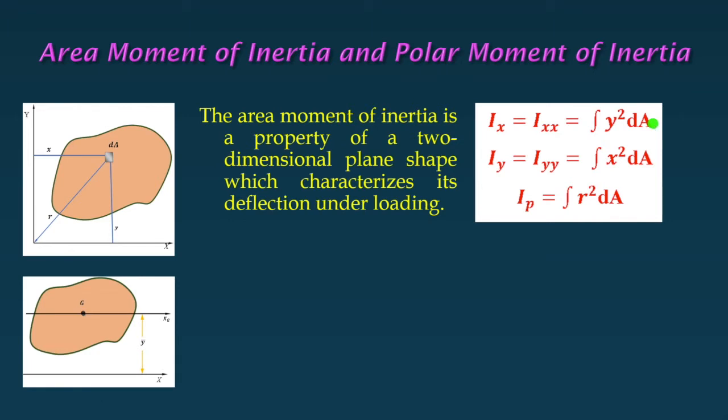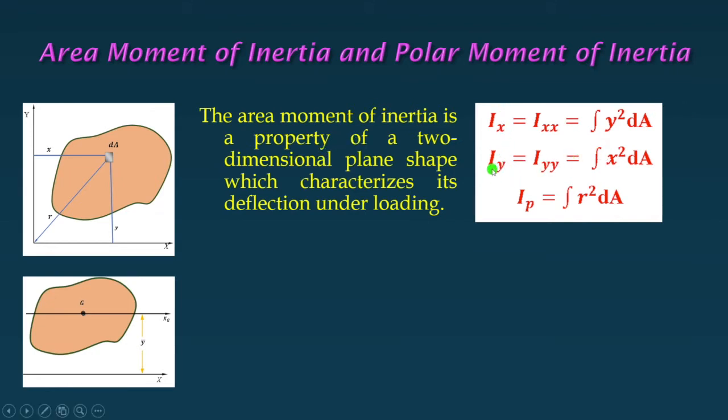Recall that in the case of mass moment of inertia, it was r squared dm. Instead of dA it was dm, a small mass, and that's why it was termed mass moment of inertia, whereas here it is dA, so it is area moment of inertia.